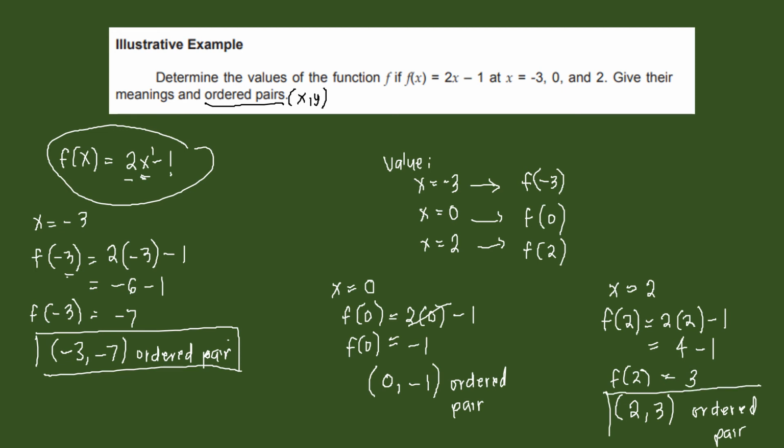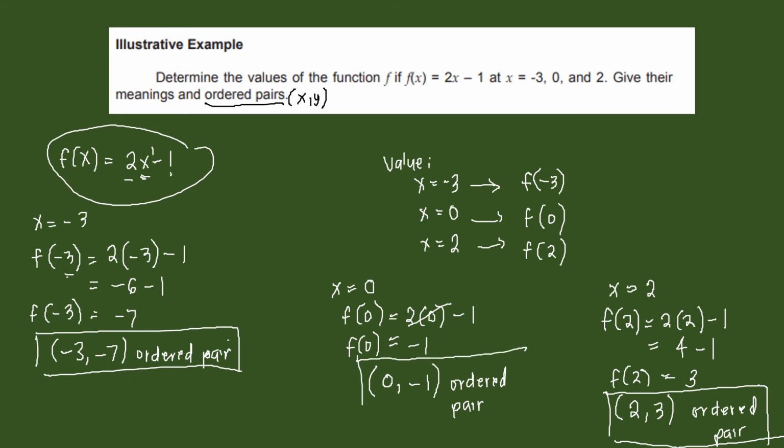So why is it that we need these ordered pairs? Again, these ordered pairs are crucial for us to graph a linear function. So the ordered pairs will be used to graph a certain linear function. What do these ordered pairs mean?